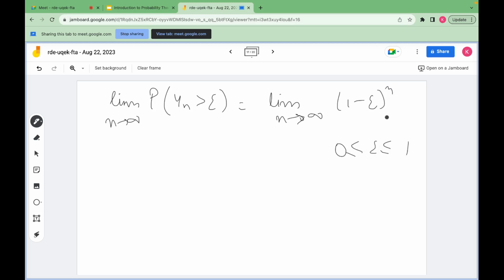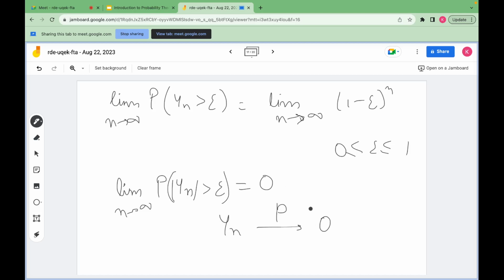So this is nothing but 0. So this limit as n tends to infinity of the probability that yn is greater than epsilon is 0, and similarly we can show it for minus yn, so we can say that yn converges to 0 in probability. Okay.